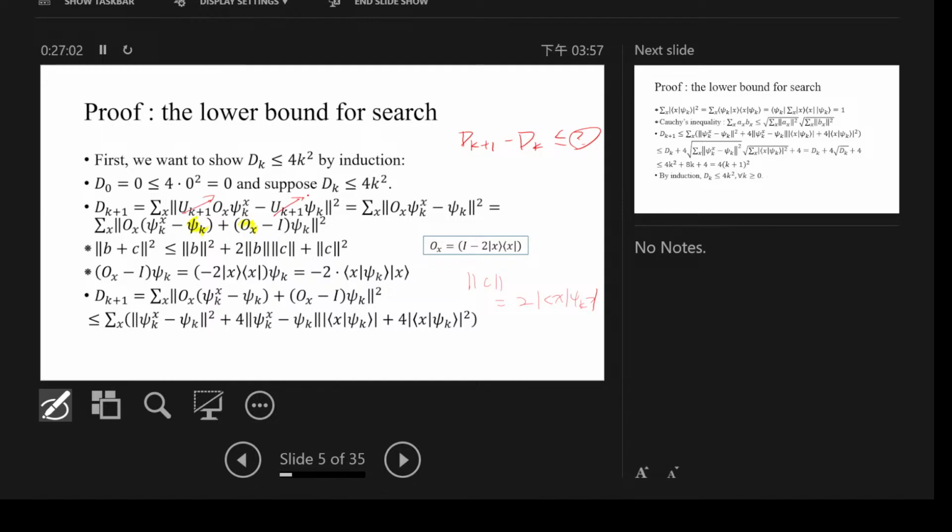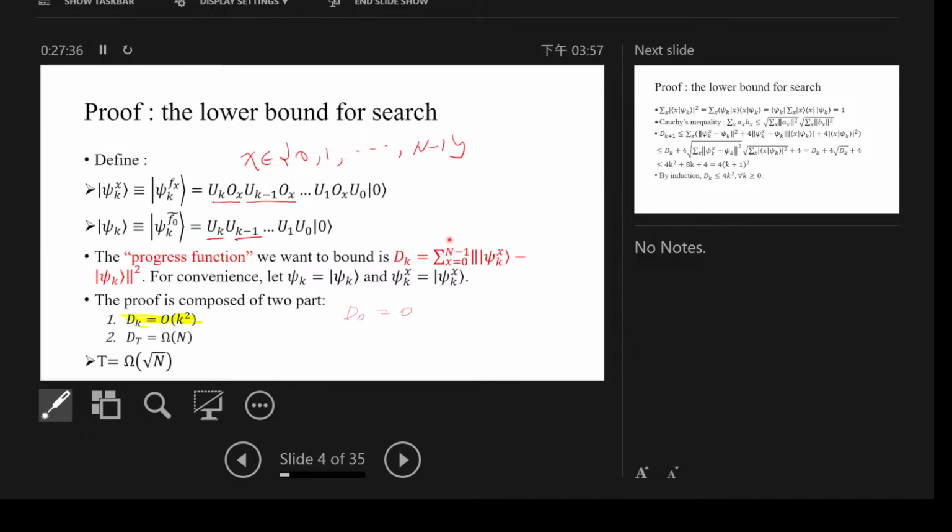Why? Because it's a unitary, and unitary preserves length, and you have length squared here. So you have 2 vectors multiplied by this unitary, and since a unitary doesn't change length, you can cancel both unitaries. So you get just ox psi xk minus psi k.